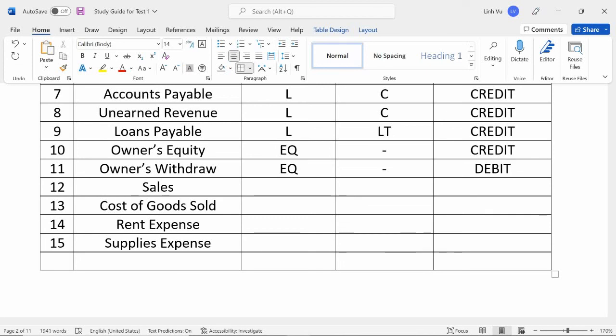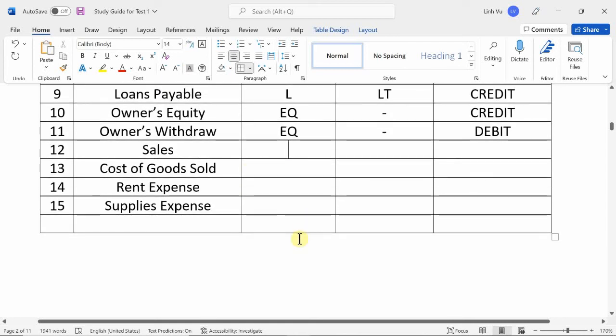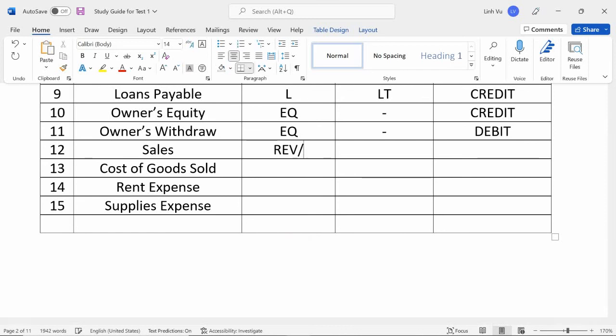Good. What about a sale? Revenue. Yes. Revenue or income, whichever one that you refer it to. Okay. Now, what kind of category does sales belong to?